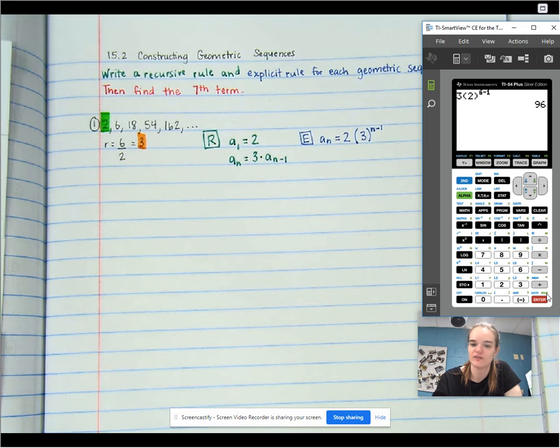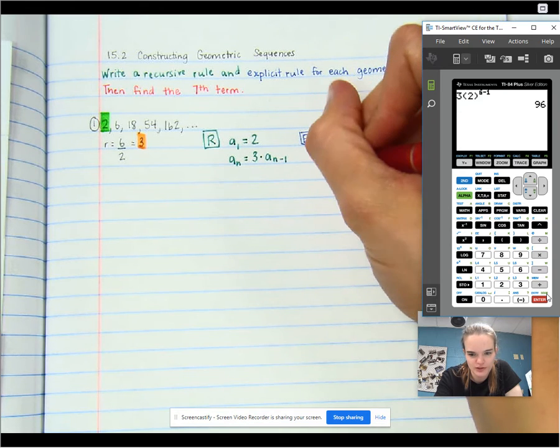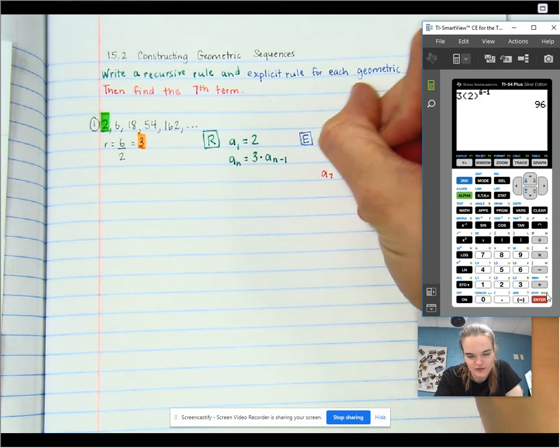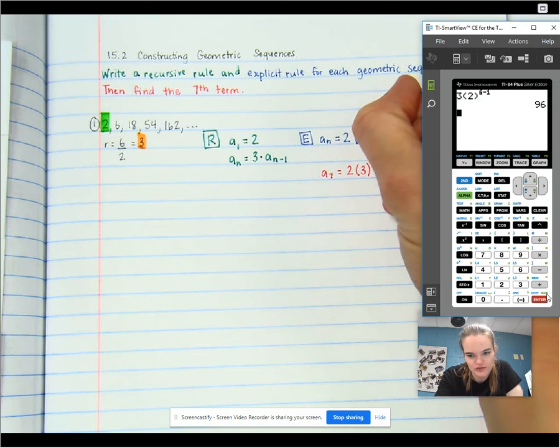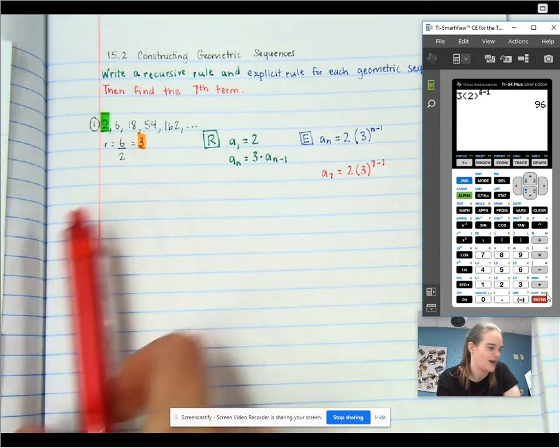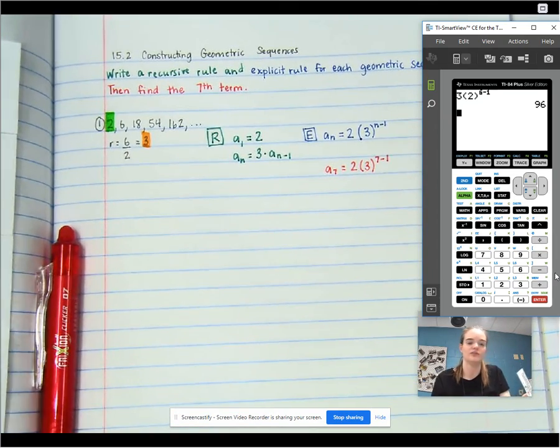Now we need to find the 7th term. When we are finding the 7th term, we are going to plug in a 7 for the explicit rule. So A sub 7 equals 2 times 3 to the 7 minus 1 power. And we're going to type that in our calculator, and we will have found all the pieces.